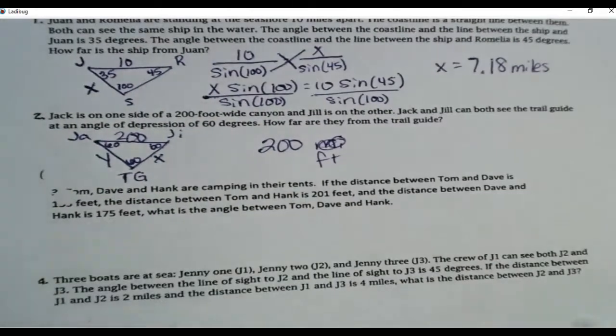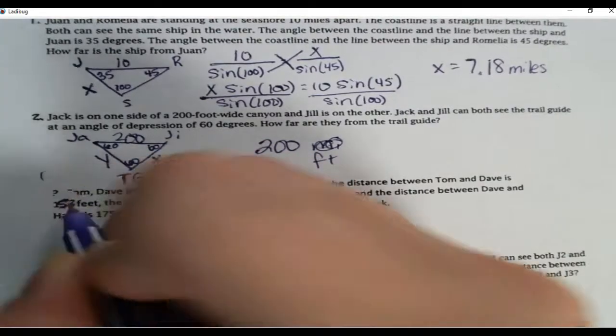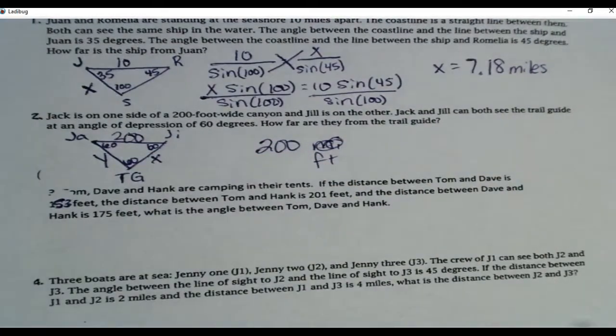I also got 3. So 3, we've got Tom, Dave, and Hank camping in their tents. The distance between Tom and Dave is 153 is what that should say. I know it got cut off. So 153. Tom and Hank are 201 feet, and then distance between Dave and Hank is 175. We want the angle between Tom, Dave, and Hank.